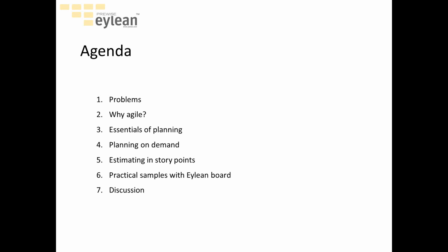We will provide a few guidances and methods for how planning could be done in very different ways. And of course, later we will proceed to the estimation part. During the whole webinar, I will definitely show demos of how to achieve such techniques in Eylean board and how these techniques can be applied to team collaboration.